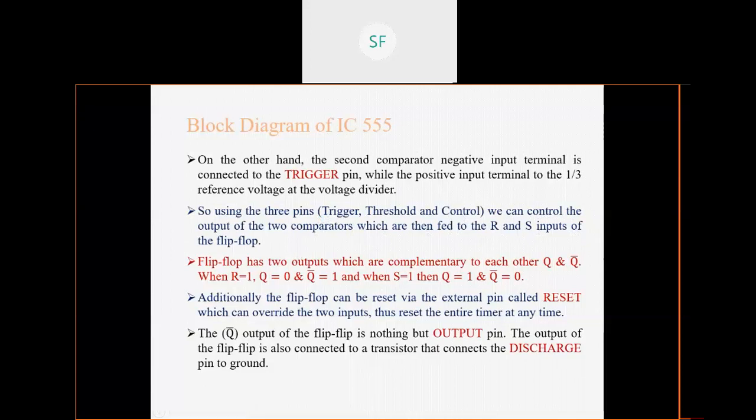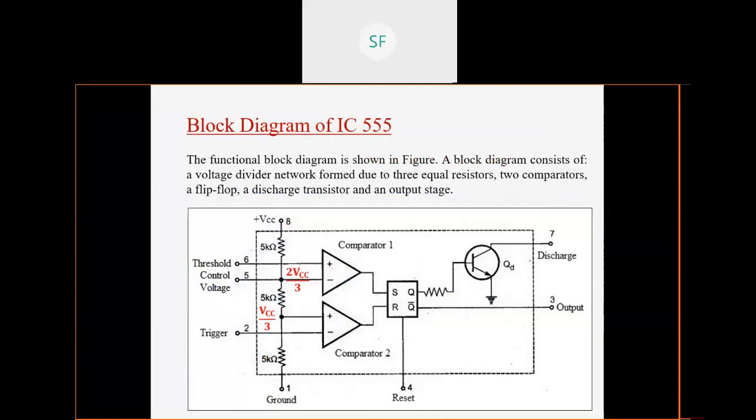So what this point is basically mentioning is, by controlling these 3 pins, because these are the external pins of your IC, that is pin number 2, pin number 5 and pin number 6, you can control the output of both comparators.